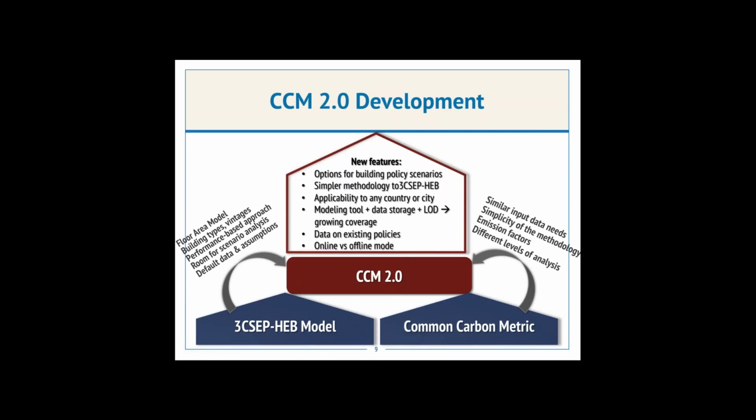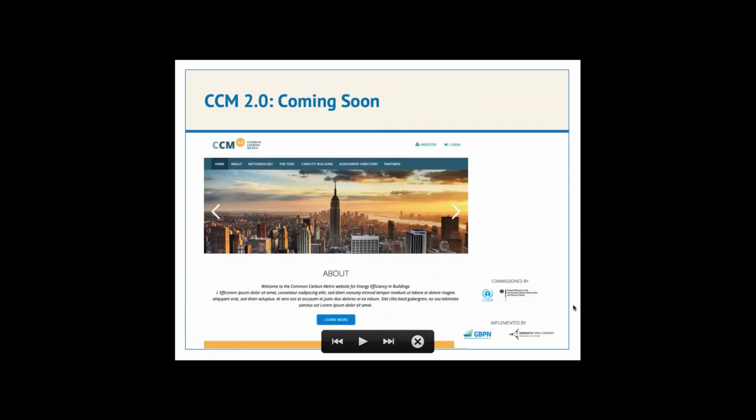Very, very sophisticated and comprehensive policy model for buildings, summarised on the GBPN website as the Building Energy Policy Scenario Tool. So we're combining the scenario modelling and the Common Carbon Metric now to provide an online tool which is going to be more accurate than the spreadsheet tool and enables the users to set baselines and then also generate scenarios based on different policy options.